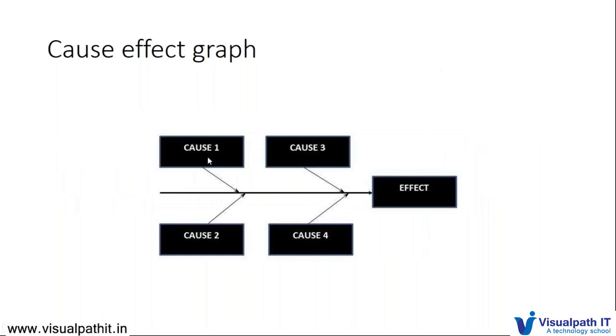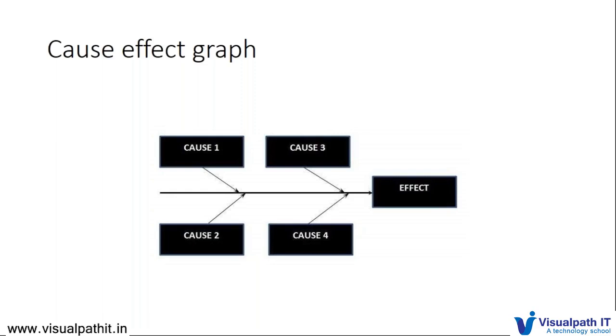Here you can see cause 1, cause 2, cause 3. There are 4 causes. They can be different causes, as we have seen in the username and password example: wrong username and wrong password, wrong username and correct password, correct username and wrong password. We can say that is the scenario itself. You can take other causes also, like the environment or system lag, or a downtime in the application.